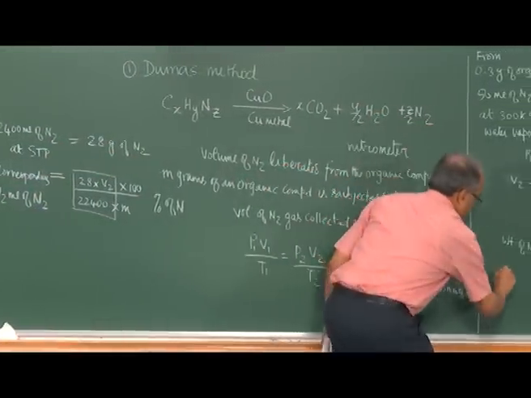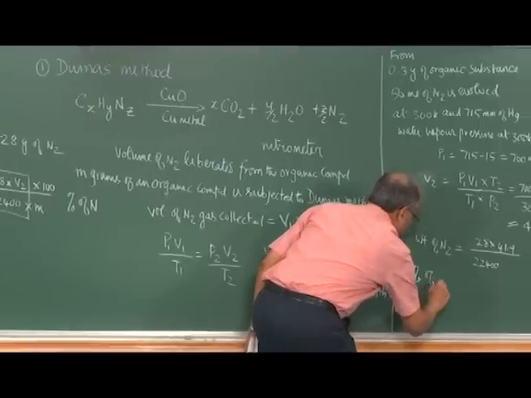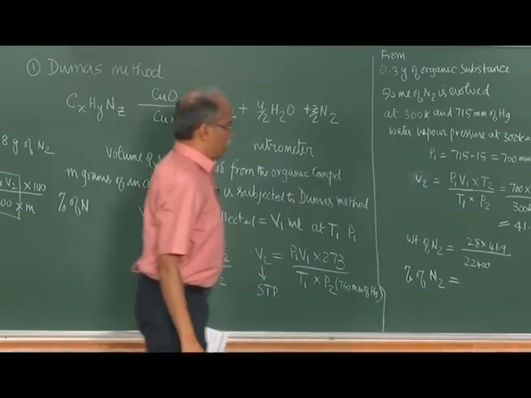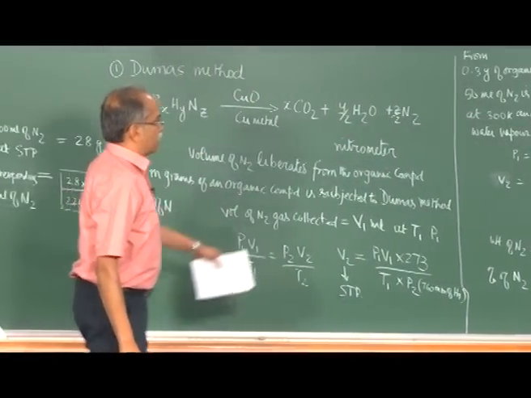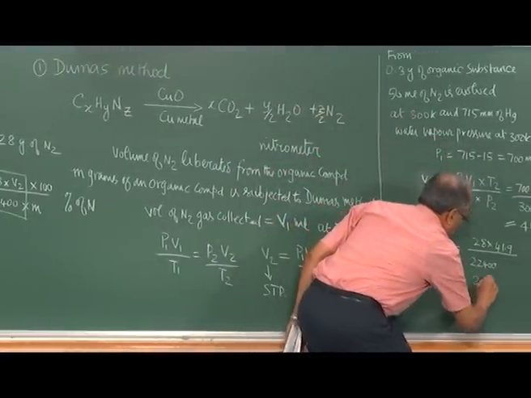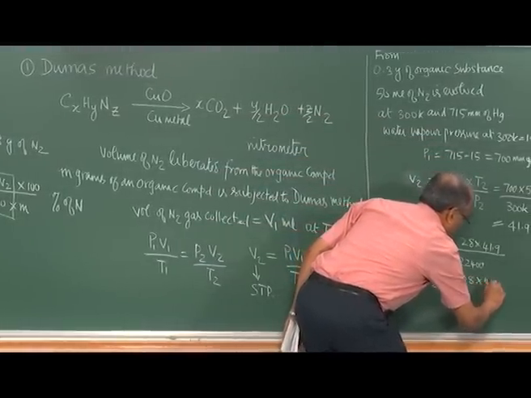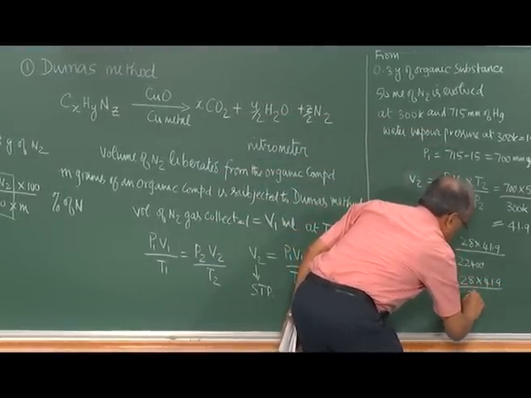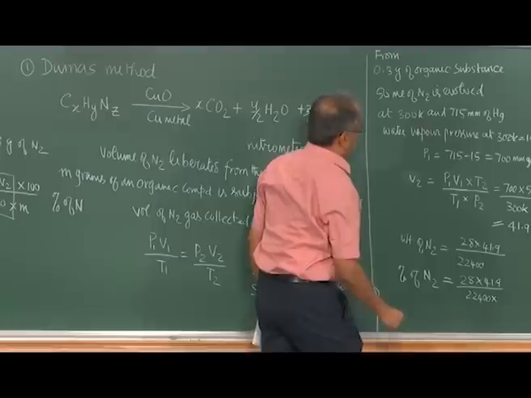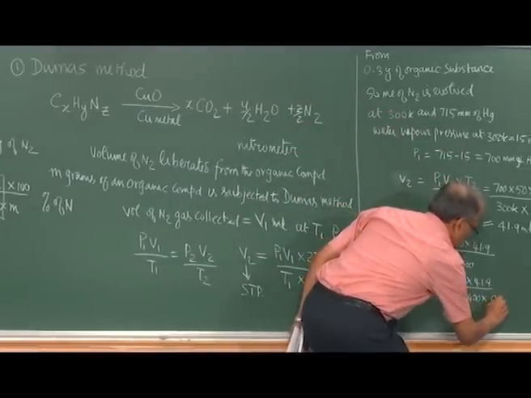The percentage weight of nitrogen present in the entire mass that is taken, the mass taken being 0.3 grams, is 28 multiplied by 41.9 divided by 22,400. This is from 0.3 grams of the substance.